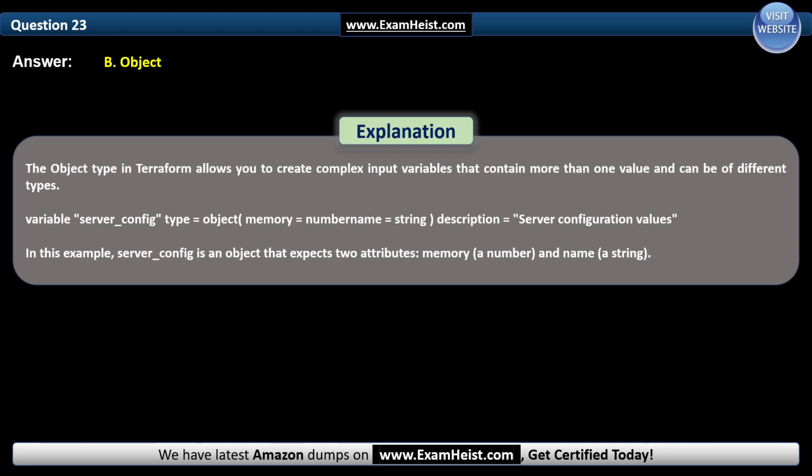The object type in Terraform allows you to create complex input variables that contain more than one value and can be of different types. Variable "server_config" type = object({ memory = number, name = string }), description = "server configuration values". In this example, server_config is an object that expects two attributes, memory and name.